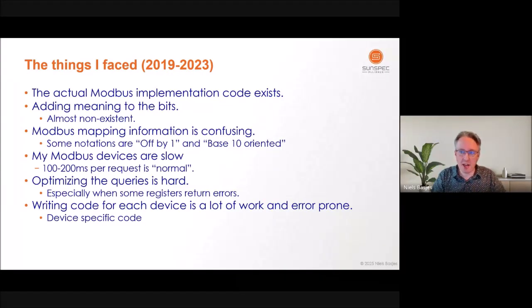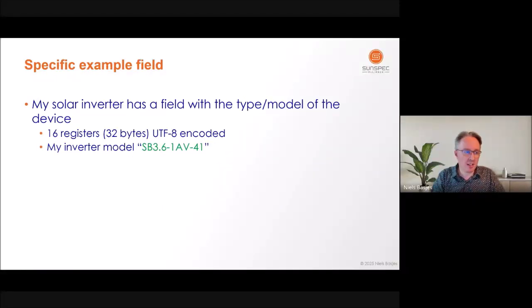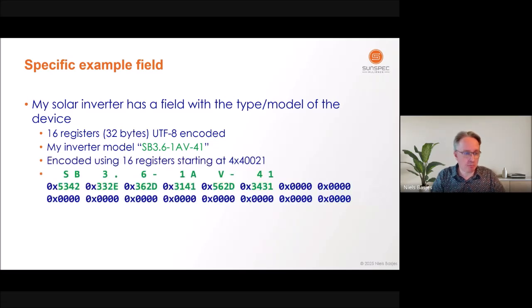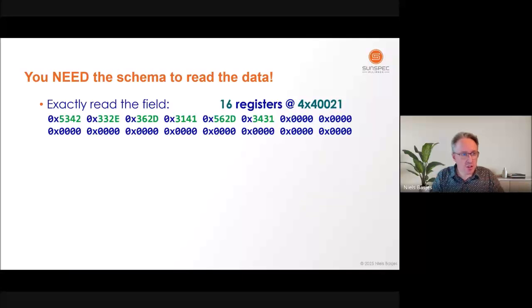And then I ran into this example. My solar inverter has a model identifier, part of SunSpec. And it's a string, looks like this. And looking at the registers that describe this, it's fine. It's a bunch of hexadecimal values. You read them, and they represent this string. So if I read the exact string as dictated by SunSpec, it works.